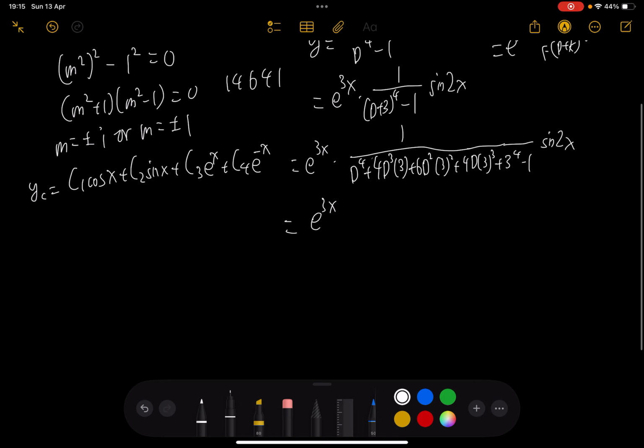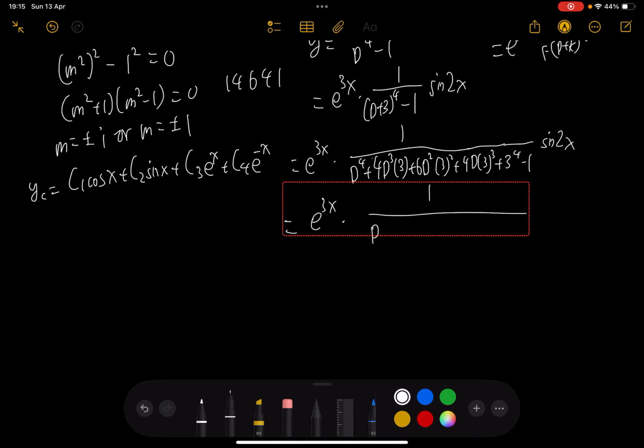Therefore, you are going to get a really confusing term. Let me use our calculator. So D to the power of 4, keep it, and then 4 times 3, which is 12. And then 9 times 6, 3 squared, which is 9 times 6, which is 54.